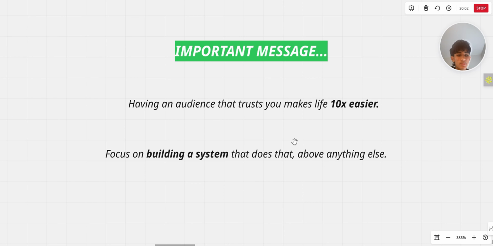The most important message I would give to everyone is stop focusing on chasing that email open or that subject line, and focus on having an audience that trusts you. Because that makes life 10 times easier than having some good subject line or some good preview copy. Focus on that and focus on building a system that allows you to do that above anything else.